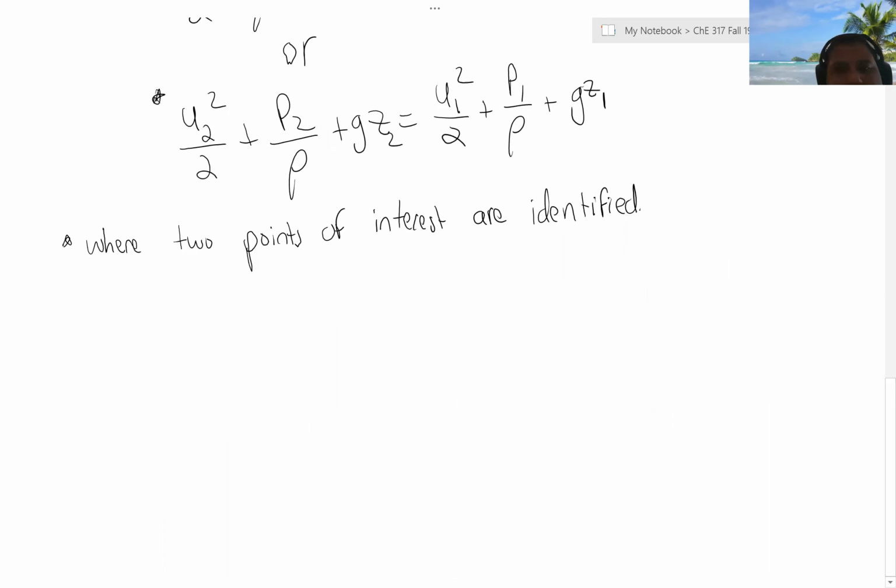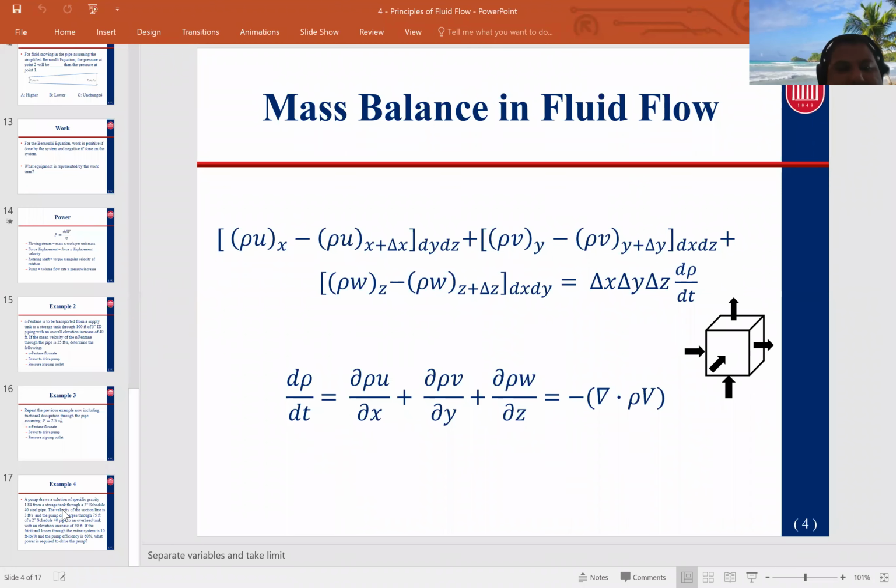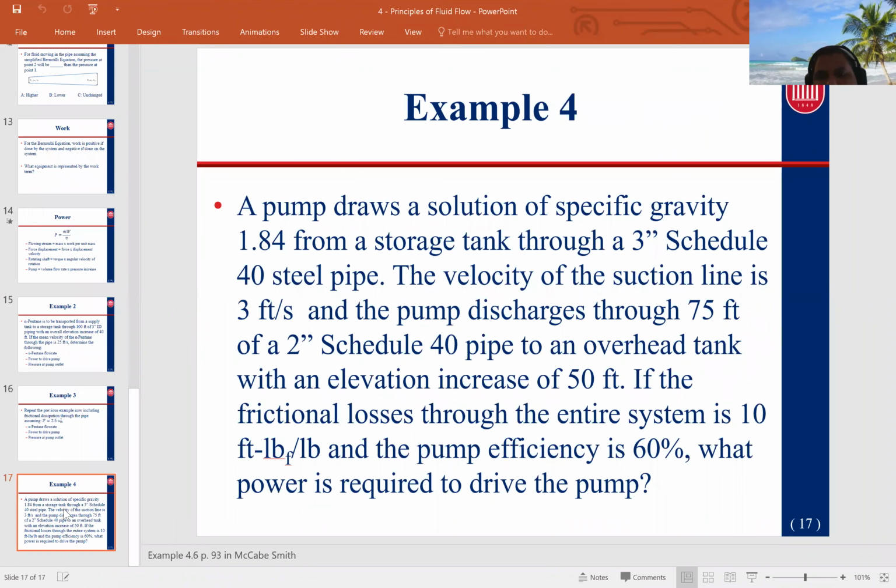So to get started, I figured we could warm up by looking at this last example problem that states a pump draws a solution of specific gravity 1.84 from a storage tank through a 3-inch Schedule 40 steel pipe.